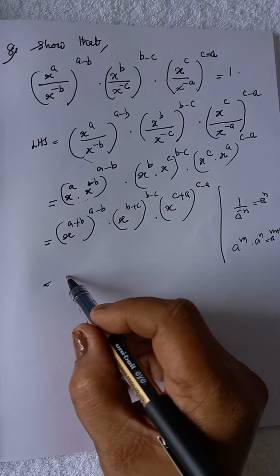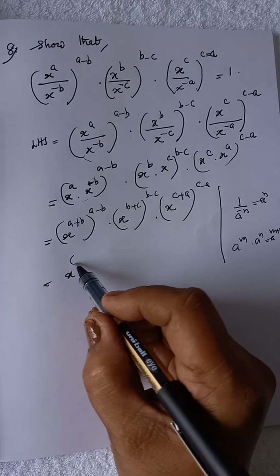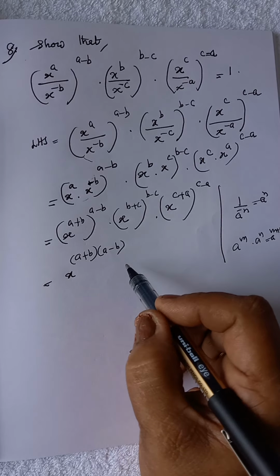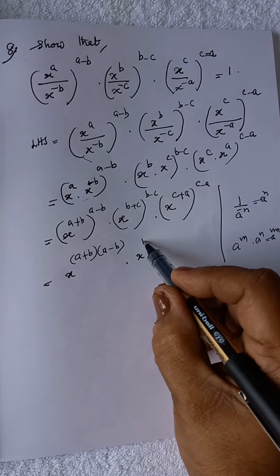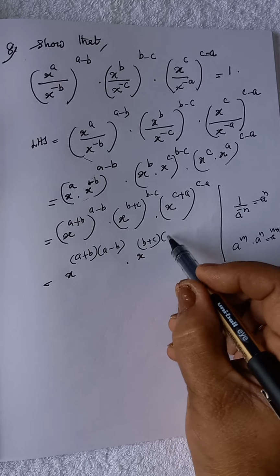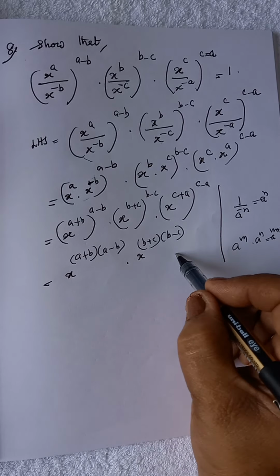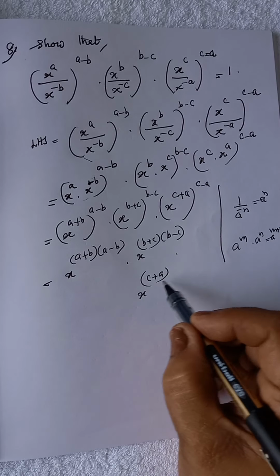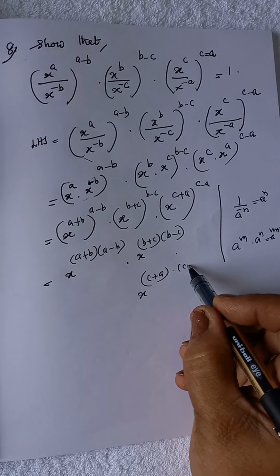Now this is equal to x raised to a plus b into a minus b, into x raised to b plus c into b minus c, into x raised to c plus a into c minus a.